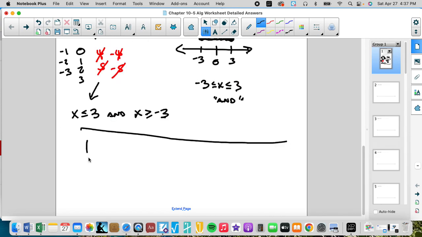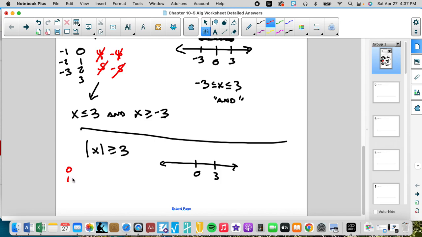What if you had the absolute value of x is greater than or equal to 3? How does that affect our solutions? We'll again look at 0 and 3, and start plugging in values. If we plug in 0, is the absolute value of 0 greater than 3? No, 0 doesn't work. What if I put 1?